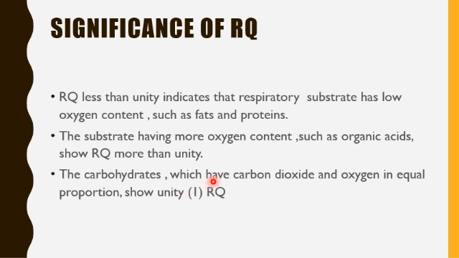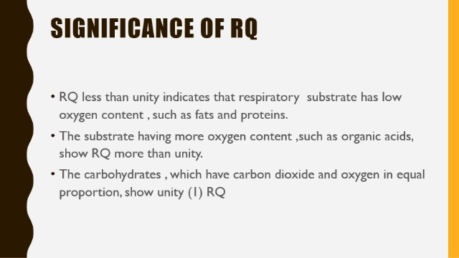So if carbon and oxygen are present in equal proportion, the result is 1. The example is carbohydrates. But if the oxygen content is less as compared to the carbon, the RQ is less than 1. The examples are fats and proteins. And if it is more than 1, that is the organic acids, which have more oxygen as compared to the carbon.